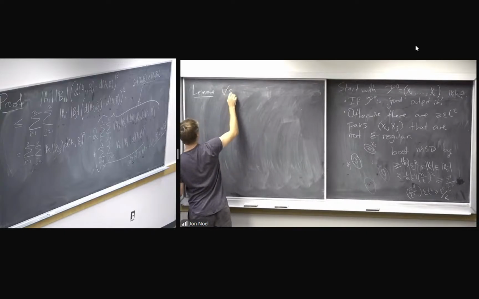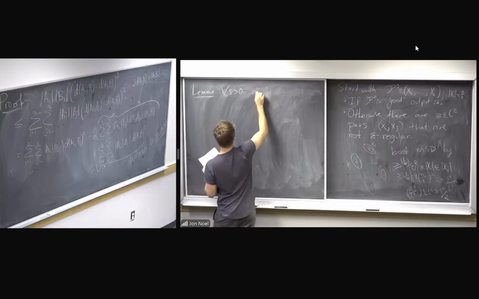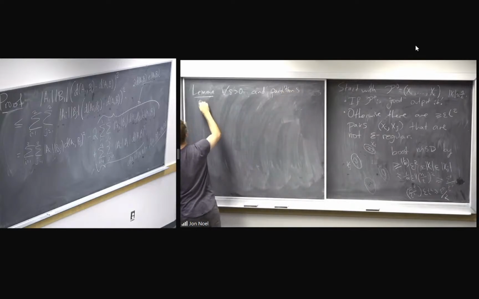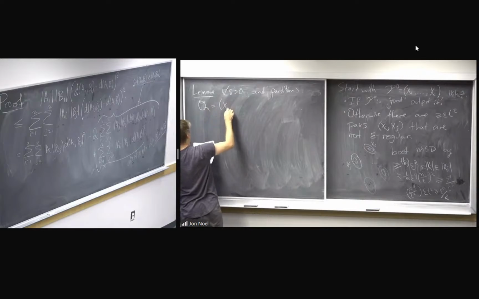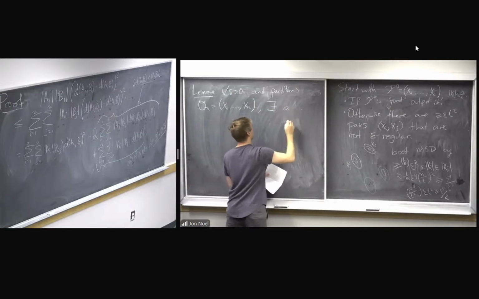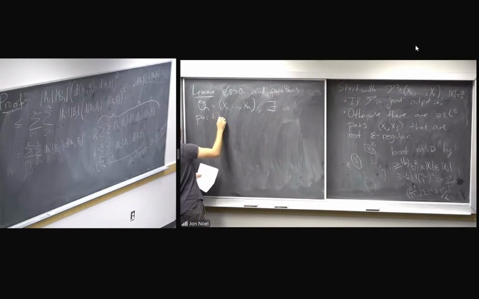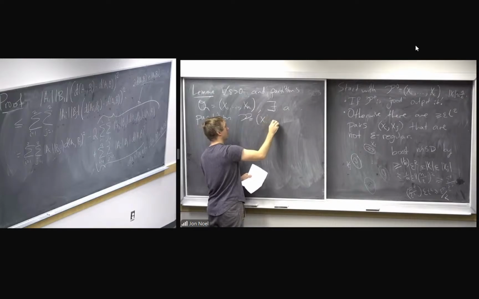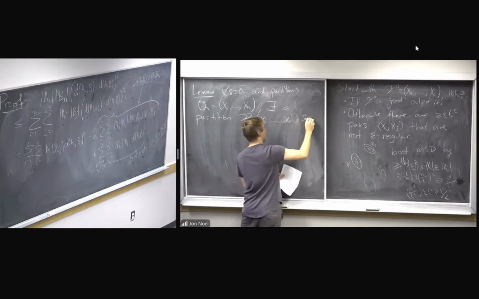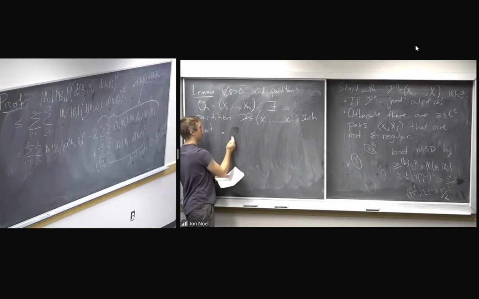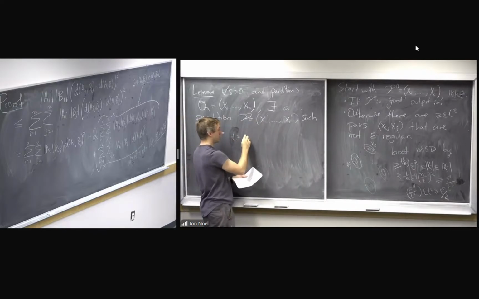So for all delta greater than 0 and partitions, let's say Q, which we'll call x1 up to xm, there exists a partition P, which I'll call x1 prime up to xt prime, such that first of all, the number of parts in the new partition is not that much bigger than the old one.